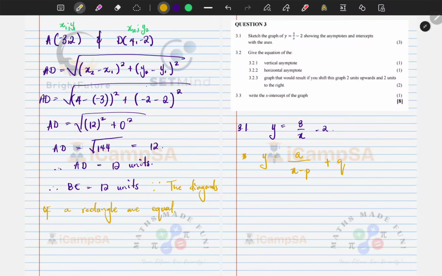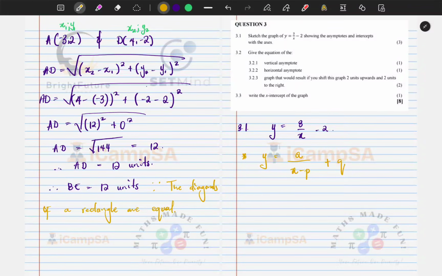So your value of p would represent your vertical asymptote, and then the value of q will represent your horizontal asymptote, right? Great.